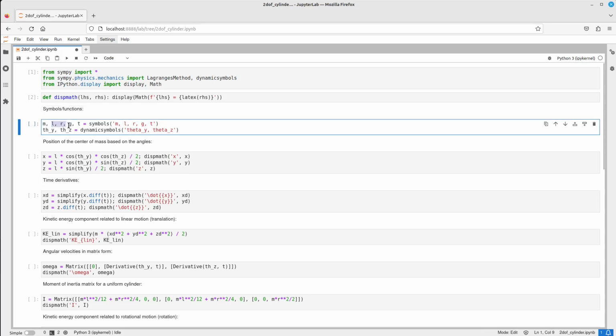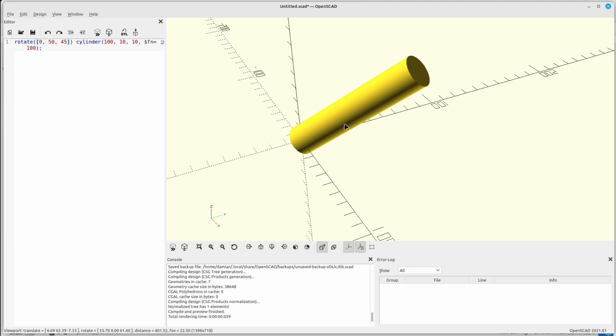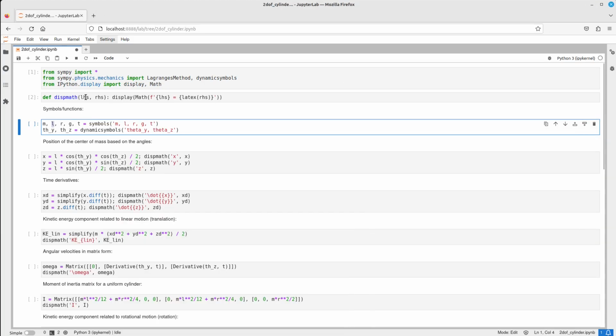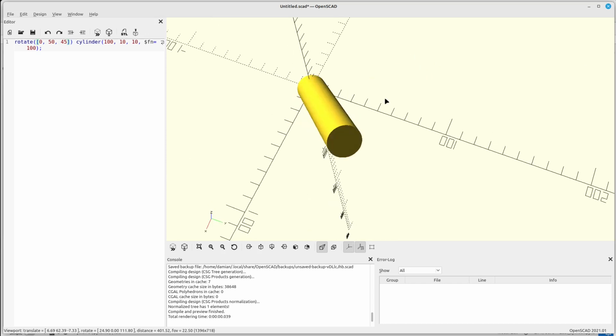First we define symbols and functions. So clearly we need mass. L would be the length of this, or the height, if you will, of this cylinder. Then you have R, which is the radius here.